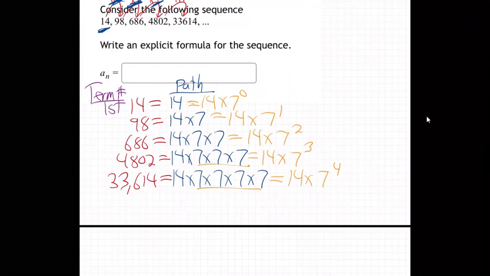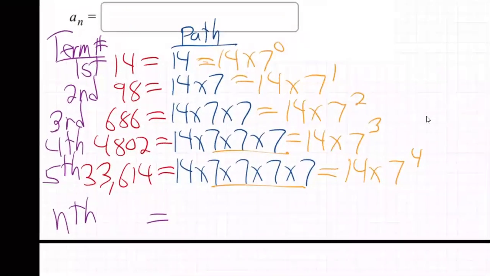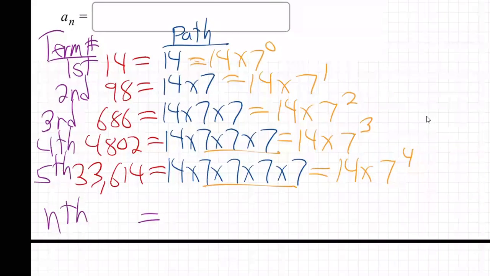So this is the first term, second term, third term, fourth term, fifth term, and down here we want the nth term formula, right? Okay. Do we see the connection?